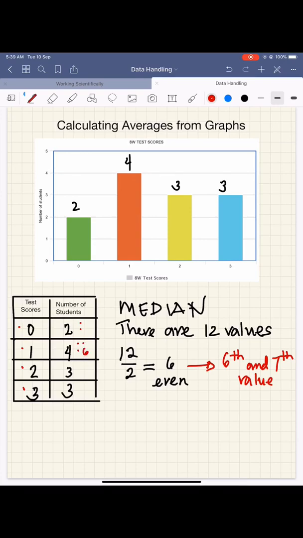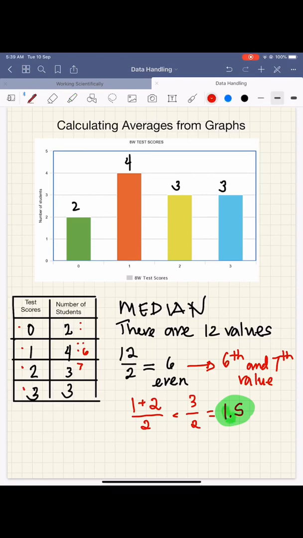So the 6th value is 1. And the 7th value is 2. Okay, so 1 plus 2 over 2 gives you 3 over 2 gives you 1.5.